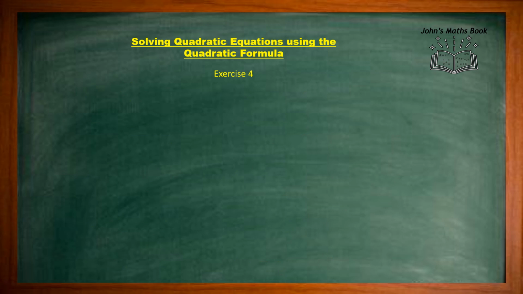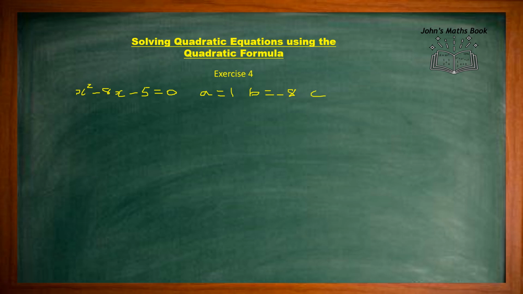So for exercise 4, let's calculate the roots of the quadratic x squared minus 8x minus 5 equals 0. So pause the video now and see if you can work out the answer. So hopefully you got the answer. Let's identify a, b, and c. a is equal to 1, the coefficient of x squared. b is equal to minus 8, the coefficient of x.